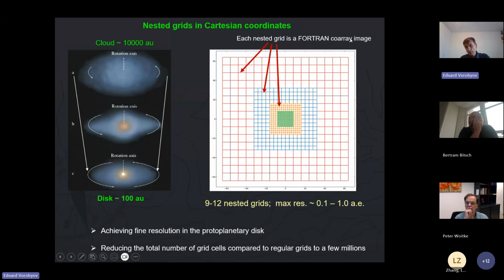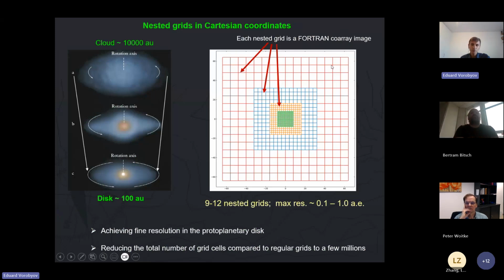With MPI, it's difficult to code because you have to really know all the intricacies of parallel programming. With coarray, it's much easier. I learned it in one week, and then I started coding.